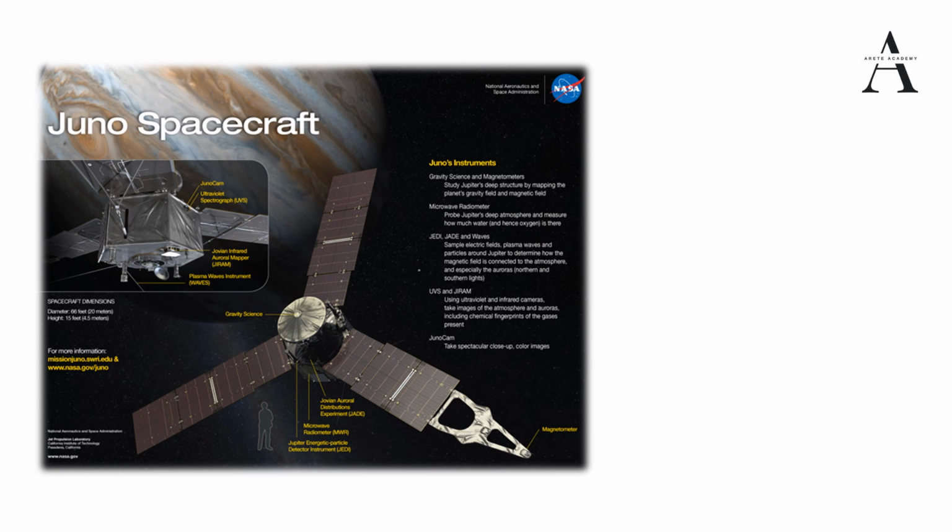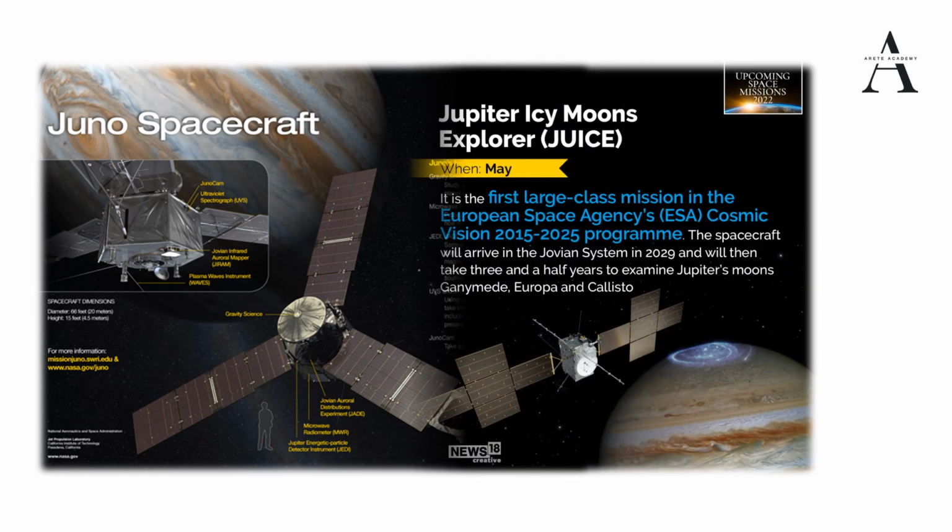There is an upcoming project known as JUICE, the Jupiter Icy Moons Explorer. It is scheduled for May 2022 by the European Space Agency, and it will focus on Jupiter's moons, that is Ganymede, Callisto, and Europa. So remember this also. Sometimes UPSC has asked which planet these famous moons belong to.